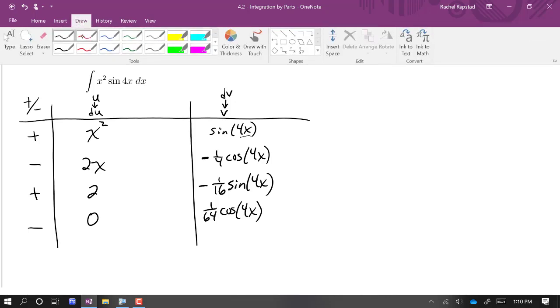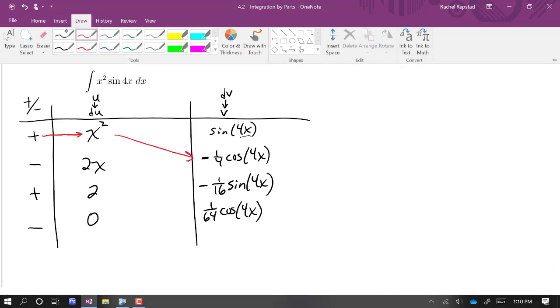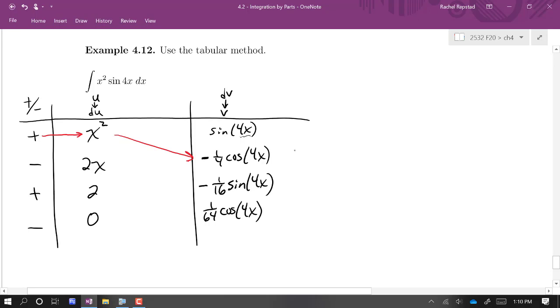And the way we put it together is we form some products and then add them together. And those products are, you take the positive x squared and then you go down 1. So our first term is, let's see, it'll overall end up being a negative 1/4 x squared cosine 4x.